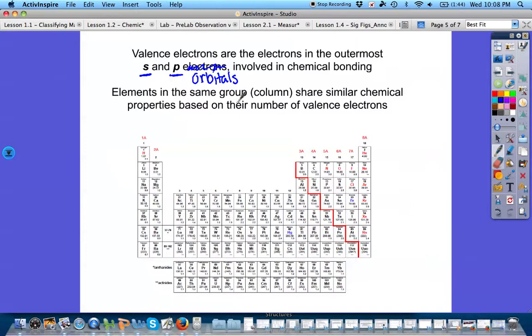Elements in the same group or column share similar chemical and physical properties based off of the number of valence electrons.